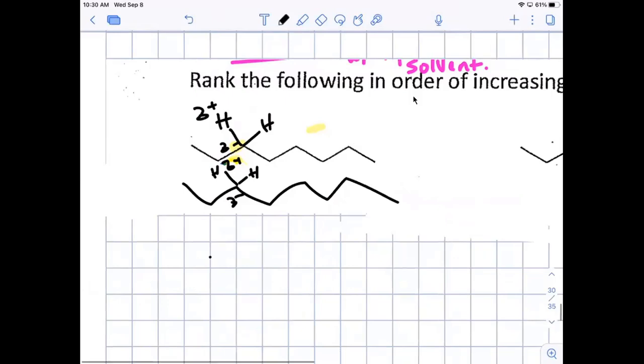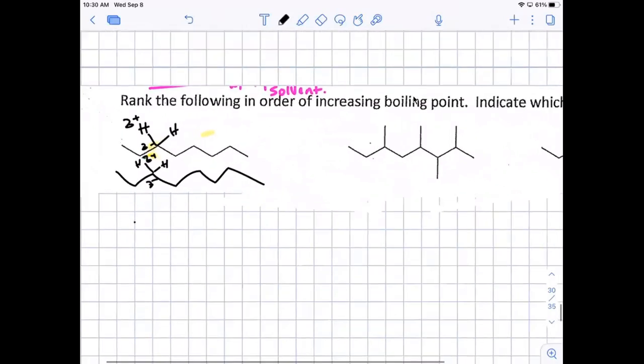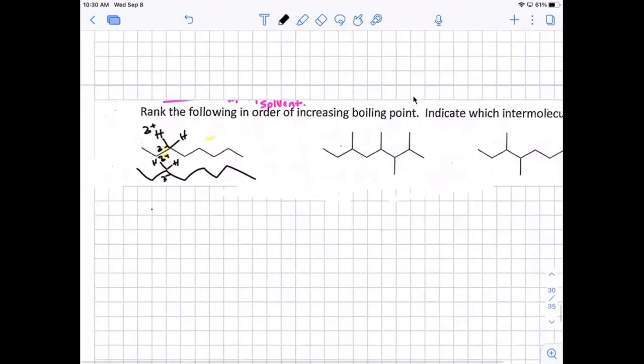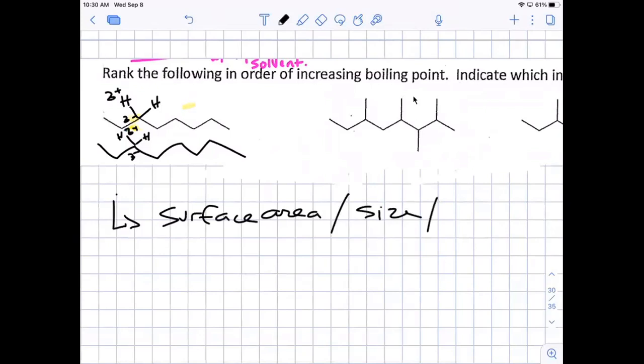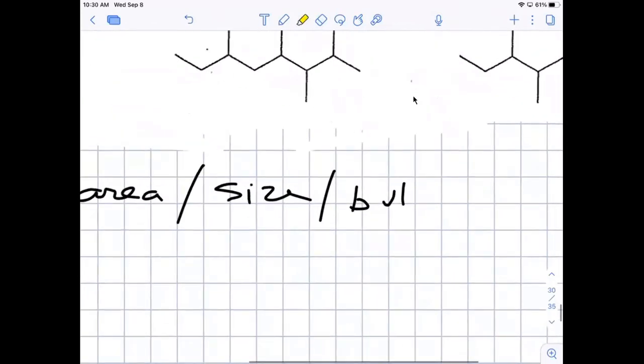And when you look at these and they're not any other functional groups, what you start having to think about is the surface area. Right? Surface area, the size, and the bulk.